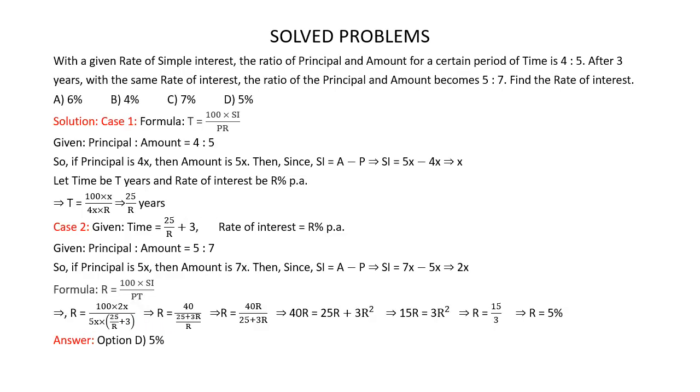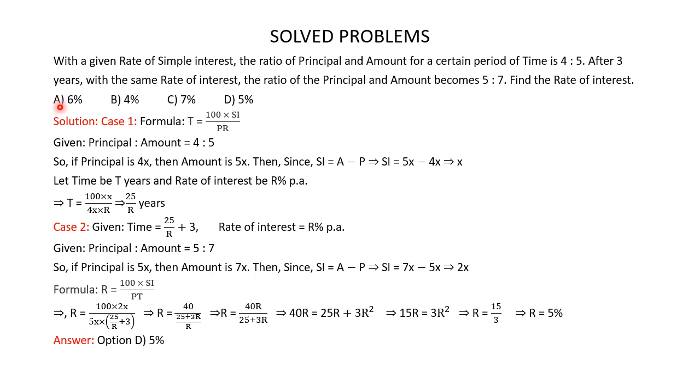With a given rate of simple interest, the ratio of principal and amount for a certain period of time is 4:5. After 3 years, with the same rate of interest, the ratio of the principal and amount becomes 5:7. Find the rate of interest.